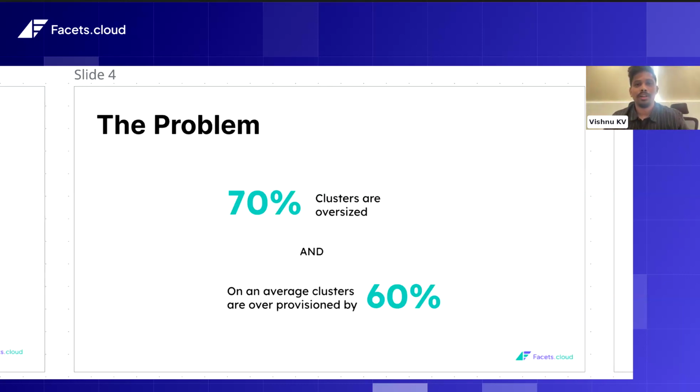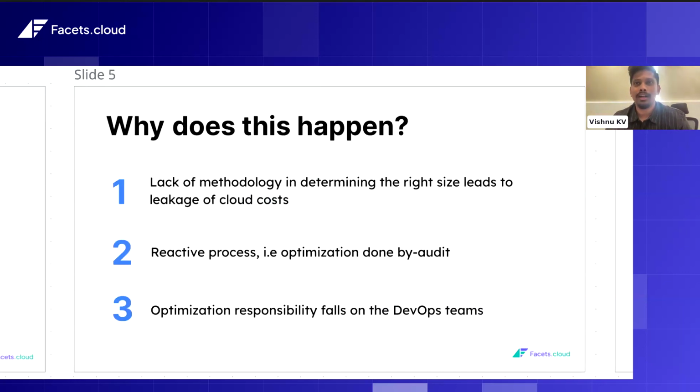Now let's talk about why this is a problem. When people start their cloud journey, they eventually come to Kubernetes, and what they do is take a template that they followed in VMs and try to retrofit it into Kubernetes, which is a very bad practice in our opinion, as there is no direct correlation between the two.